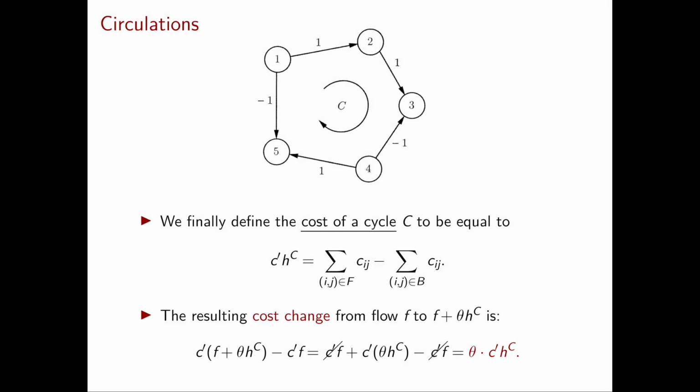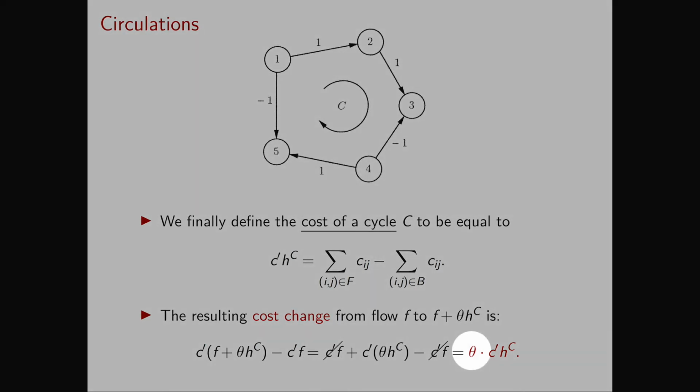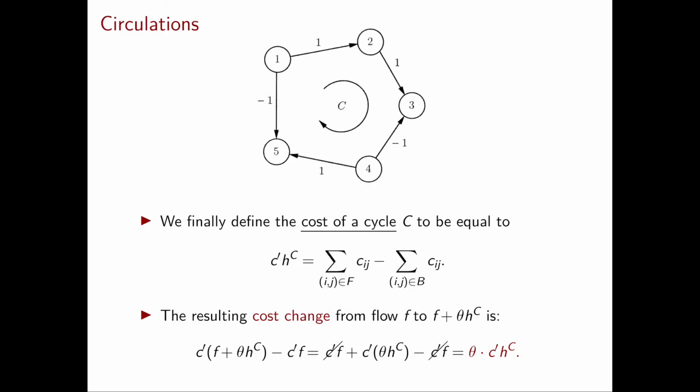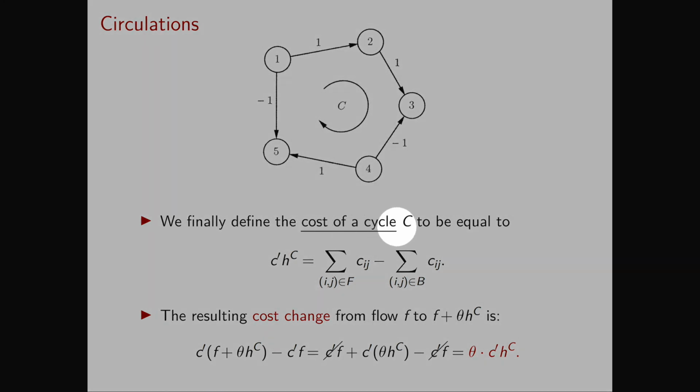So the resulting cost change is theta times c transposed hC. So this quantity c transposed hC plays a fundamental role for us, and we're going to call it the cost of the cycle. Formally, the cost of a cycle C is c transposed hC.